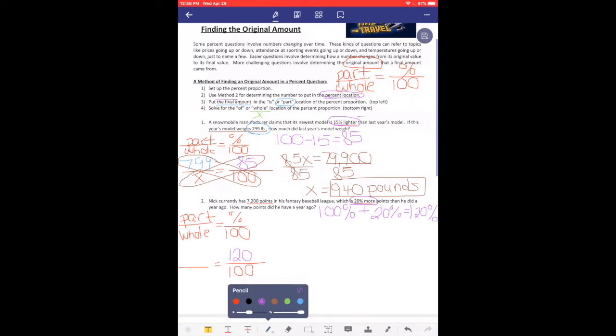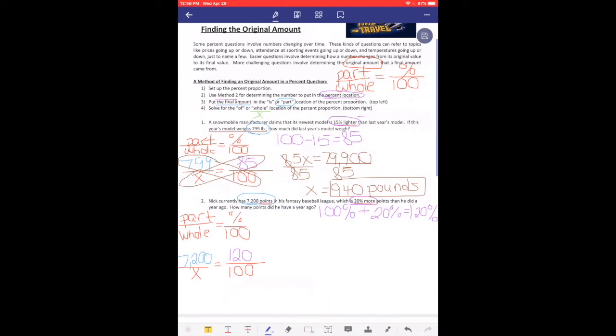Now I want to put the final amount in the part section. So the final amount, or what he currently has, was 7,200 points. That will go in my part section. The whole, the original amount, I don't know. That's what I'm going to solve for, so I'm going to leave that as x.